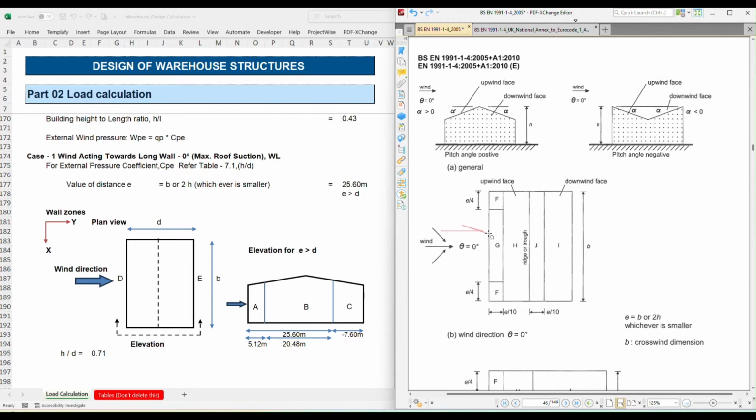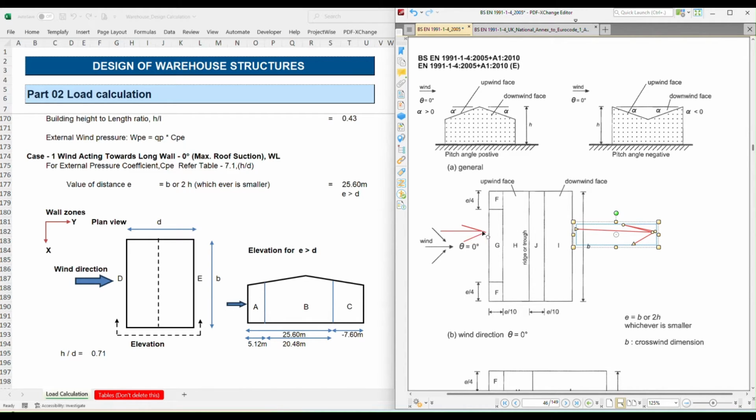So the wind is acting in this direction. The longer span of the building will be subject to the external wind pressure acting on this face, and the wind will exit in the other direction, so on this side the wind impact will be suction.